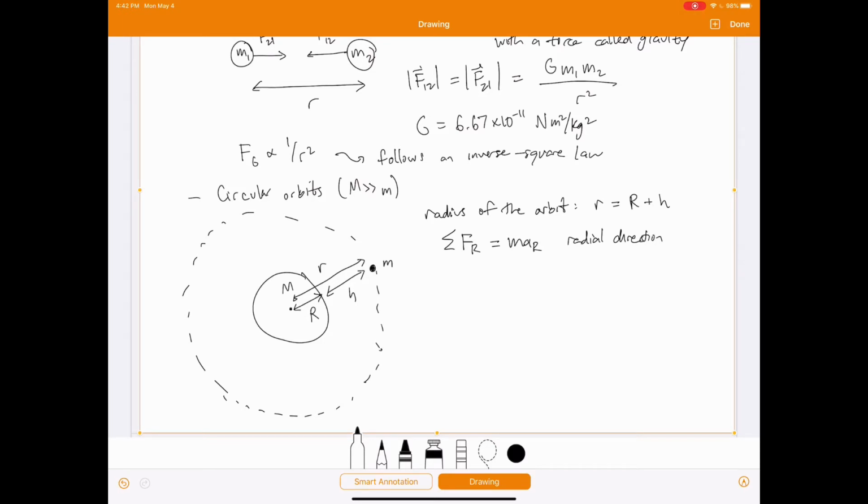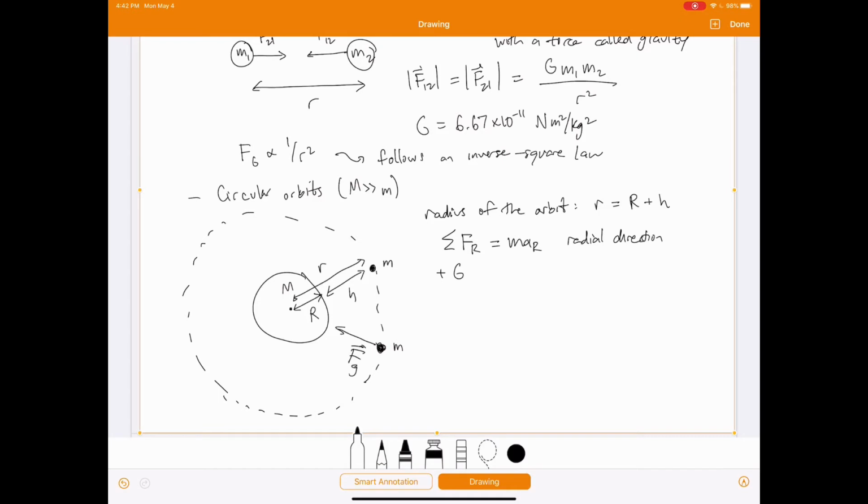So actually, I'm going to draw M again down here just to show that the force is attractive and it's going towards big M. There's the force of gravity acting on little m. It's going inwards. Okay, so because that force is going inwards, we'll give it a positive sign.